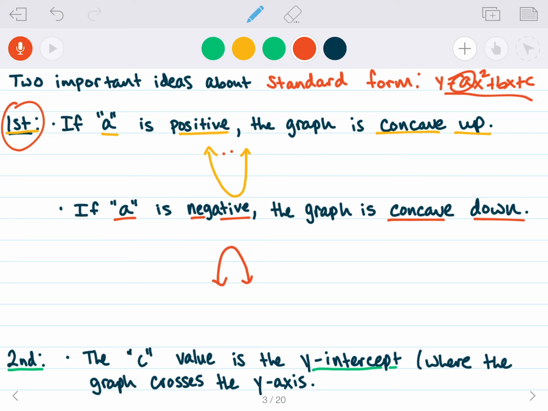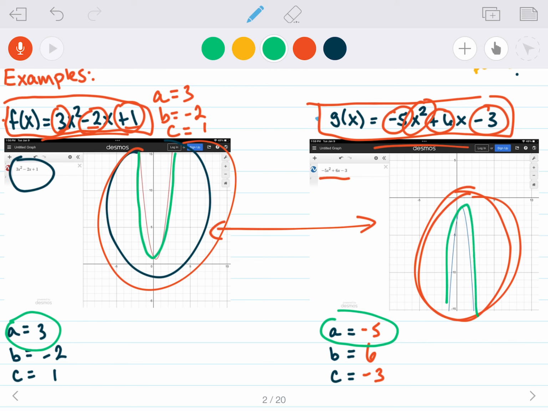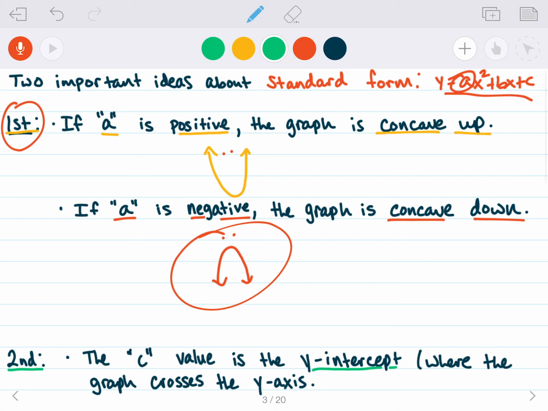If that a is negative, it's concave down, frowny face. So if we go back to this slide, right here a was positive, so we got a concave up graph. Here, a is negative. We get a concave down graph. Simple as that. So that's one nice piece of information that standard form gives us without even looking at the graph.